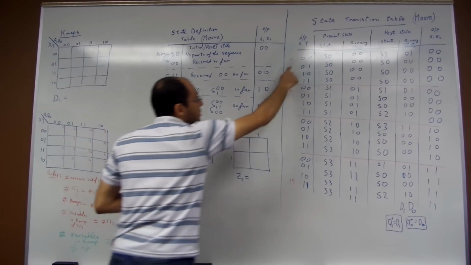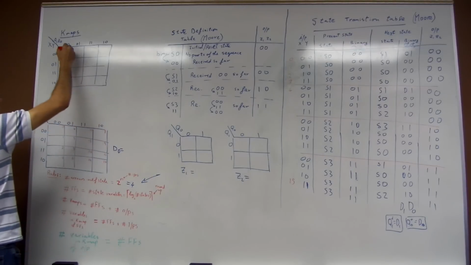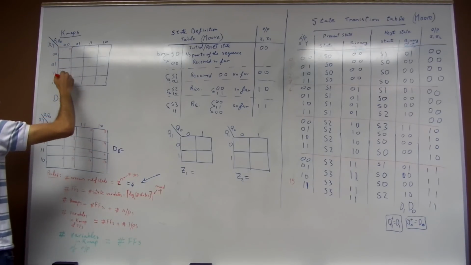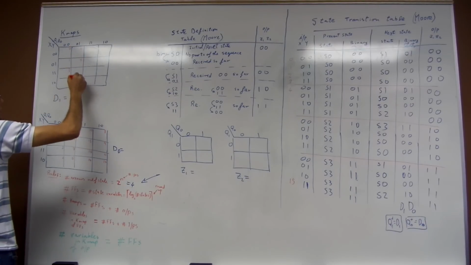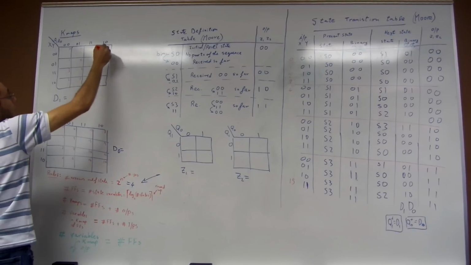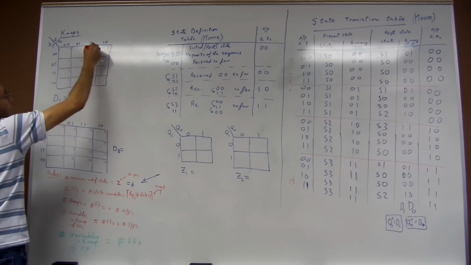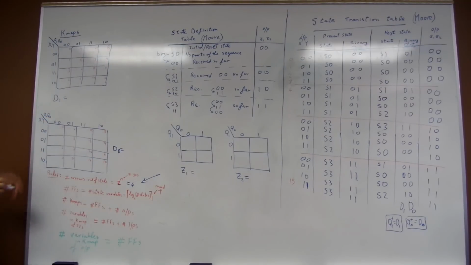We want 0, 1, 2, 3 to be constant across. So that's why I write 0, 1, 2, 3 down the column, and then 4 through 15. Remember that this is a Gray code: 0, 0, 0, 1, 1, 1, 1, 0.